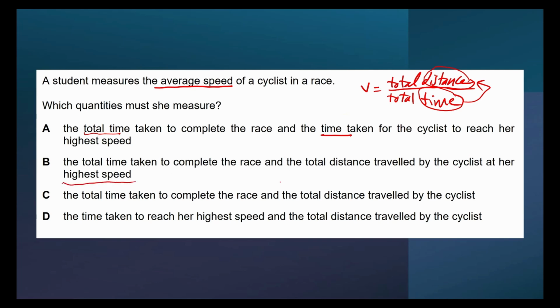No, we need the total distance at all. Okay, the total time taken to complete the race, yes, it's okay. And the total distance traveled by the cyclist. Yes, but let's have a look at D. The time taken to reach the highest speed, no. So the answer is C.